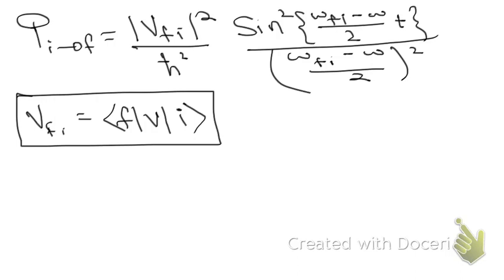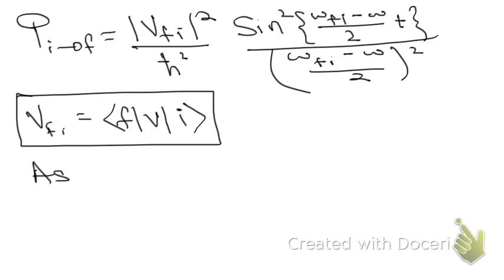Now we can look at this expression of probability in two different ways, or from two different points of view. One of these points of view is to view it as a function of time. When we do that, you can see that there will be an oscillatory dependence. Let me write it over here.